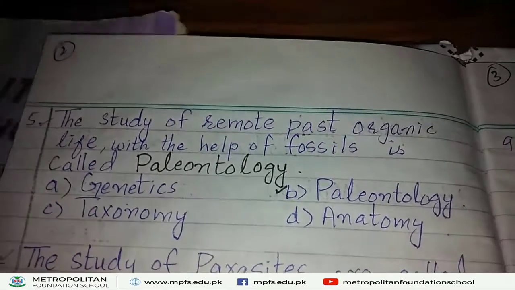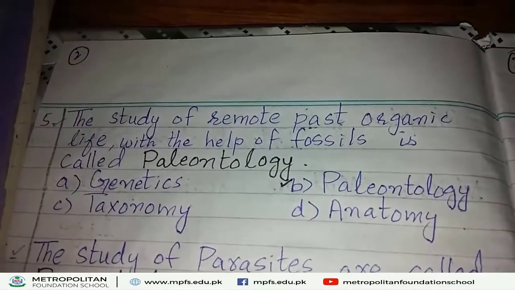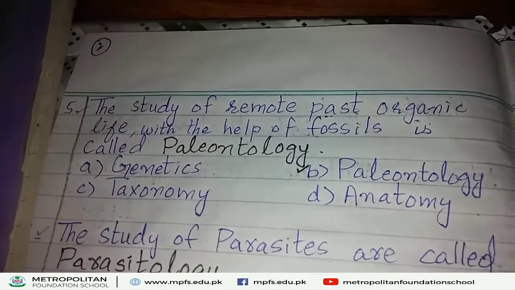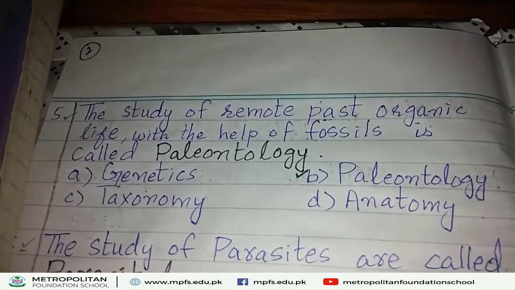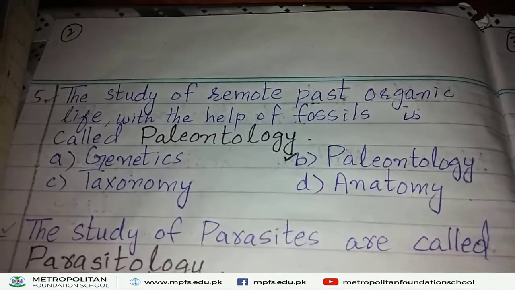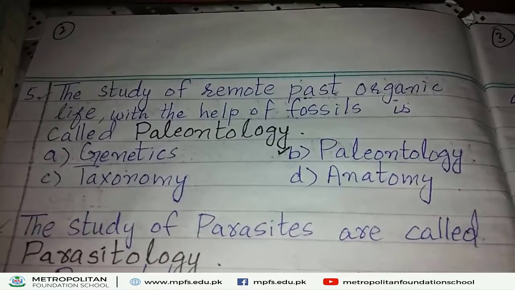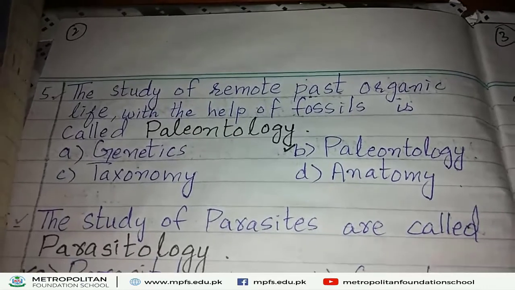MCQs number 5. The study of remote past organic life with the help of fossils is called option A genetics, option B paleontology, option C taxonomy, option D anatomy.